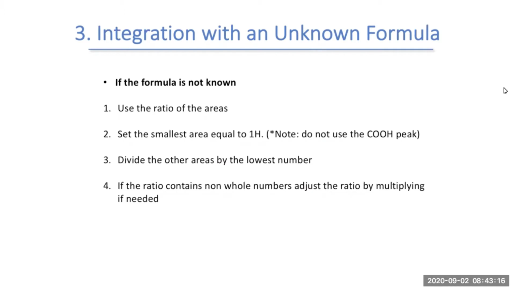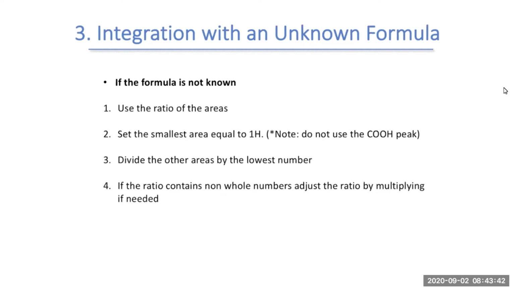Quite often when we run an NMR on a new compound, we do not know its formula, but we can still figure out the integration of the peaks with the formula not being known. We follow the steps where we use the ratio of the areas, and then we set the smallest area equal to 1 hydrogen. One thing to note is do not use the carboxylic acid hydrogen peak.